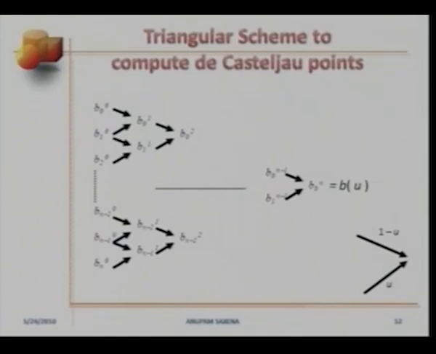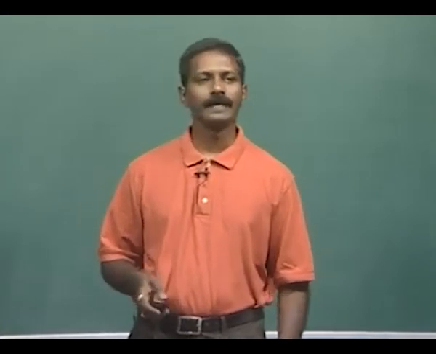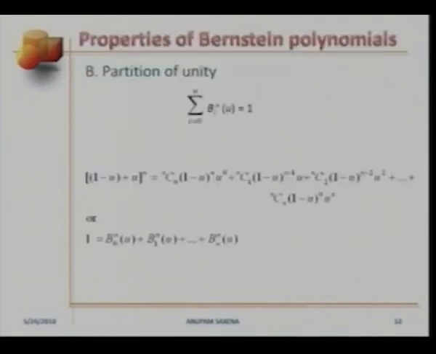So we had a very interesting converging triangle type of technique to compute intermediate de Casteljau points. Here the idea was to combine different intermediate points via repeated linear interpolation. We studied wonderful properties of Bernstein polynomials that were partition of unity property and non-negativity property.